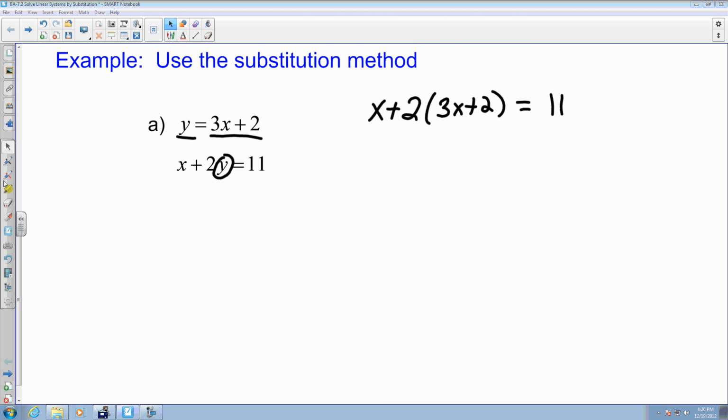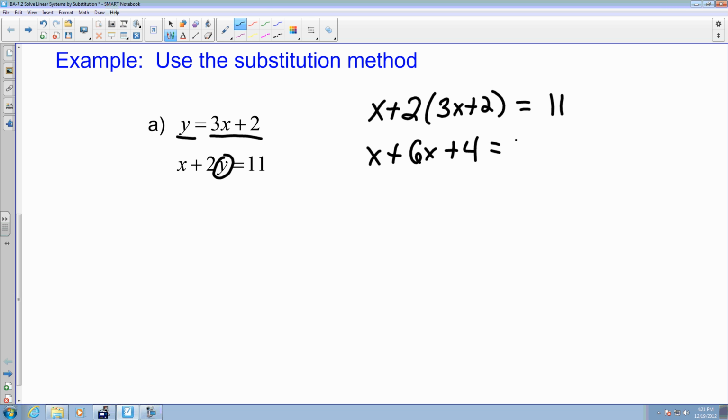Okay. Now that I have substituted our value, now I can solve for the variable. This time I'm solving for x. So I have x plus, now I'm going to distribute my 2. So 2 times 3x is 6x. And 2 times 2 is plus 4 equals 11. I'm going to add up like terms.